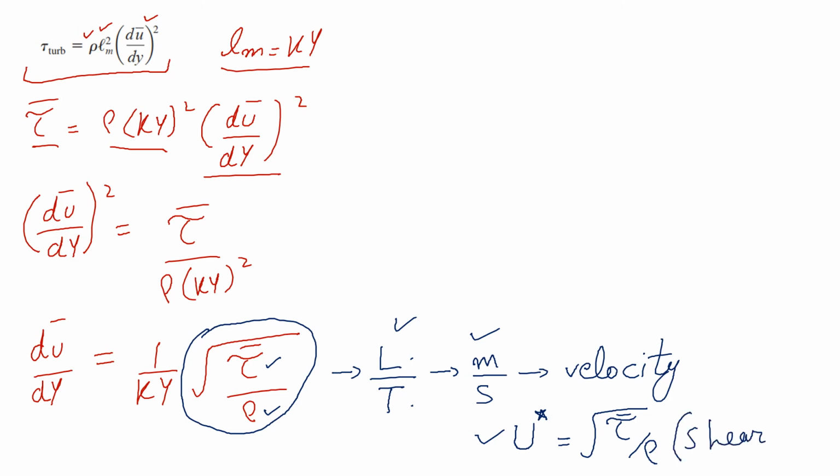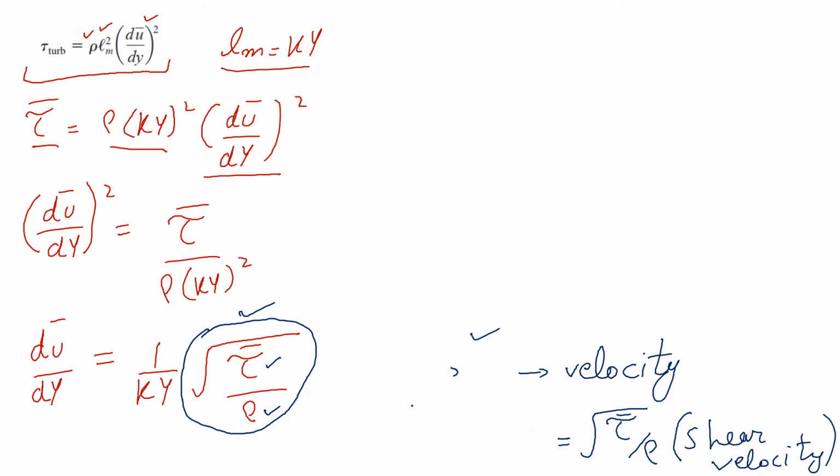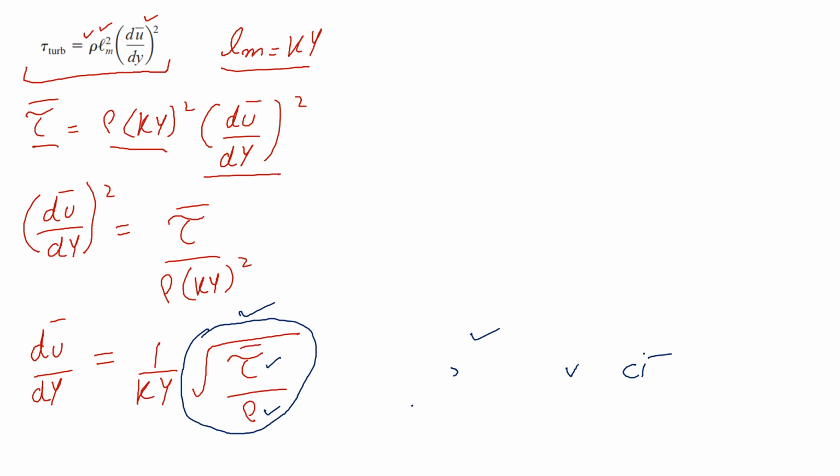This is the shear velocity. So now we will take the value of shear velocity and put it in this equation. We will free some space for ourselves first, and write the equation now.